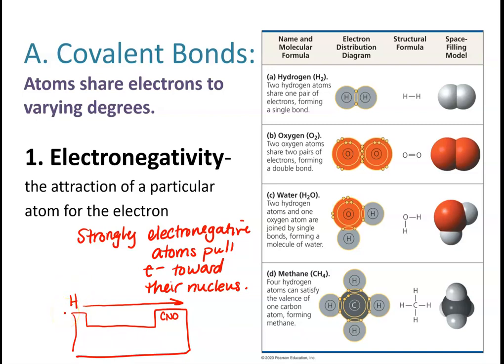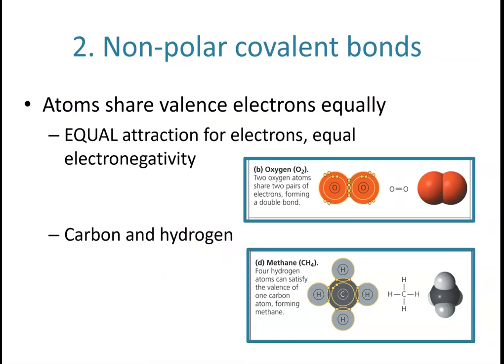It has problems keeping its electrons to itself. Nitrogen and oxygen, though, have really strong electronegativity, and they like to pull electrons towards them, which is why they tend to bond very frequently with hydrogen. So electronegativity is going to affect our two types of covalent bonds.